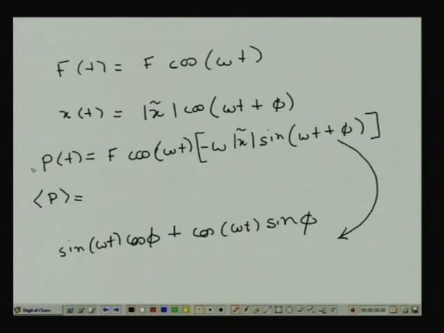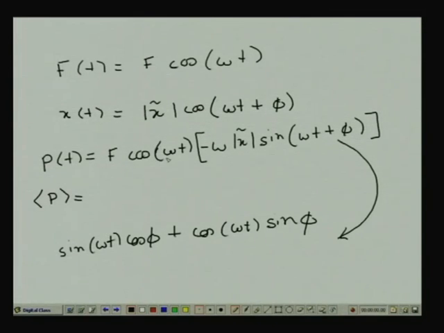Now, when I time average the power P(t), I will have to take the time average of this term on the right hand side, and I will get two terms. One will be the time average of cos omega t into sin omega t, which is sin 2 omega t with a factor of half, and the time average of sin 2 omega t is 0, as we have already studied.